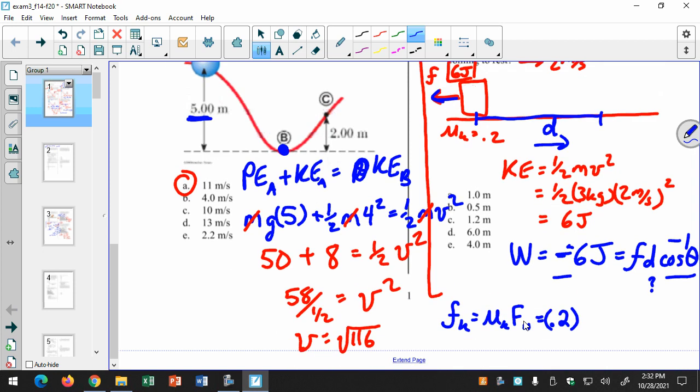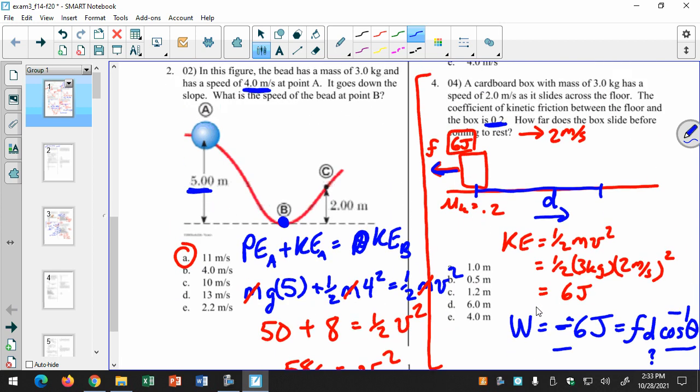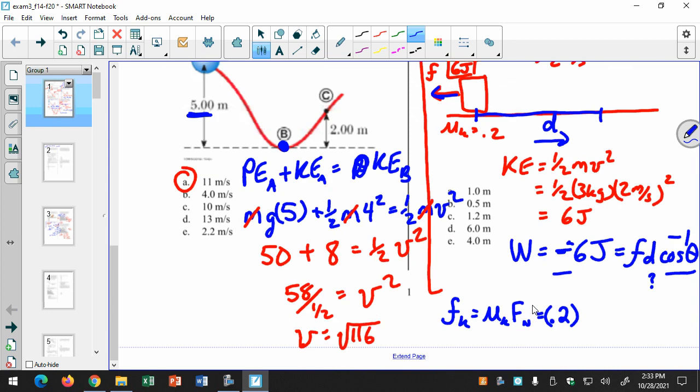Now what is the normal force for this object? When you're on a horizontal surface, it's just equal to the weight, right? So the weight of this object, it has a mass of 3 kilograms, so the weight is 30 newtons. I just did m times g. And 0.2 times 30, that is 6 newtons.